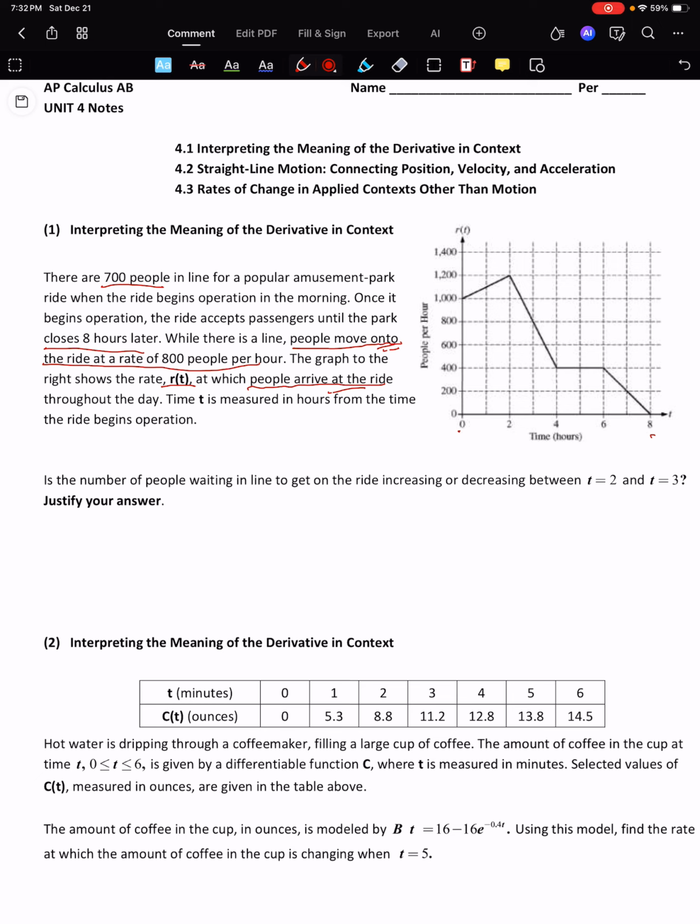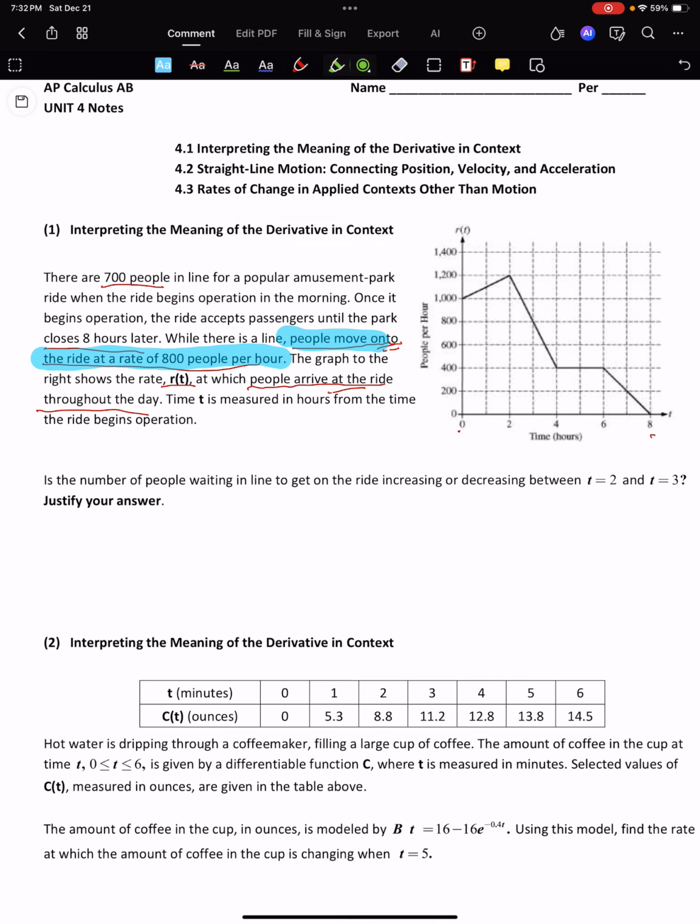So notice these two rates are different. They are different throughout the day. The first rate, people move on to the ride, is telling us that 800 people per hour are moving on to the ride.